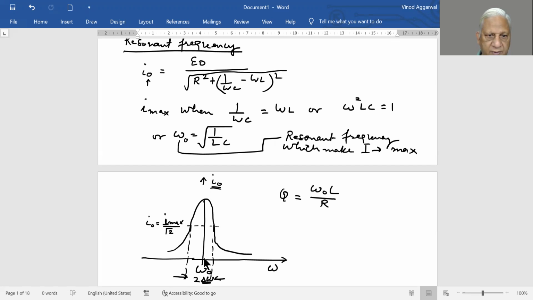And the difference between the two frequencies is 2 delta omega, right? So this is also equal to omega naught by 2 delta omega. Here this is the resonant frequency.